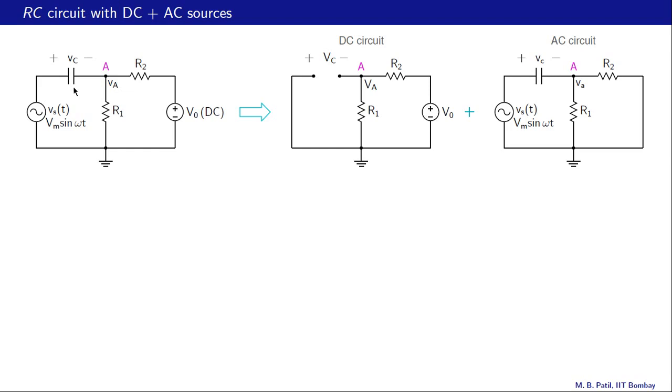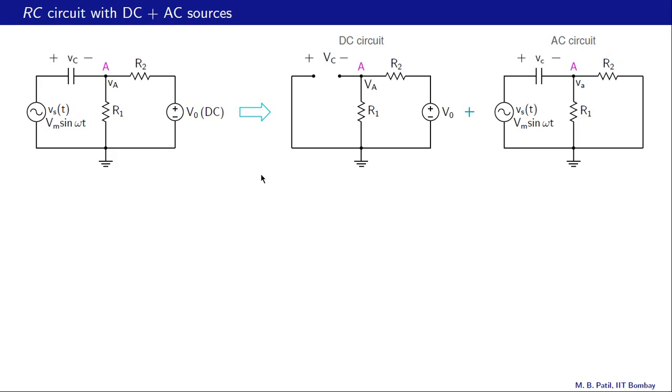The capacitor, as we have seen, in the DC circuit is an open circuit, and in the AC circuit it looks like a capacitor. The DC source in the DC circuit is a DC source, and in the AC circuit is a short circuit, 0 volts. Similarly, the AC source is a short circuit in the DC circuit, and in the AC circuit it is the sinusoidal source.